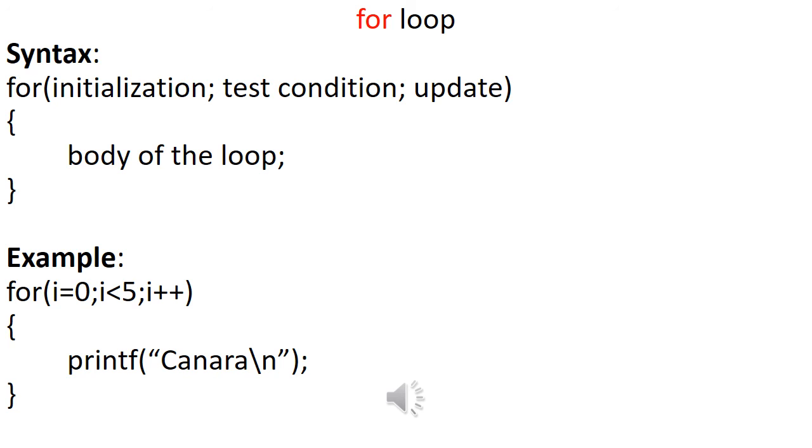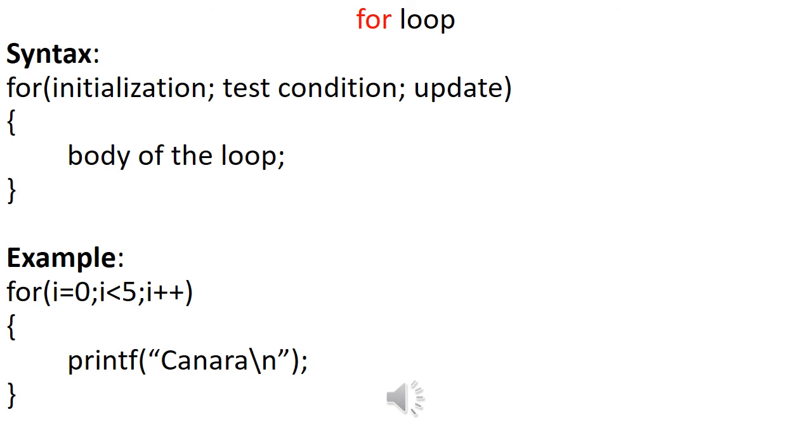Once I becomes 1, next it will not go again to the initialization statement, it will directly go to the test condition. Now it will check again 1 is less than 5, so it is true, so again it will enter the body of the loop and execute the instruction printf Canara. So now the second time Canara is printed. Now again the control will go to the update statement, that is I++, and now the I value is incremented by 1, so I value becomes 2.